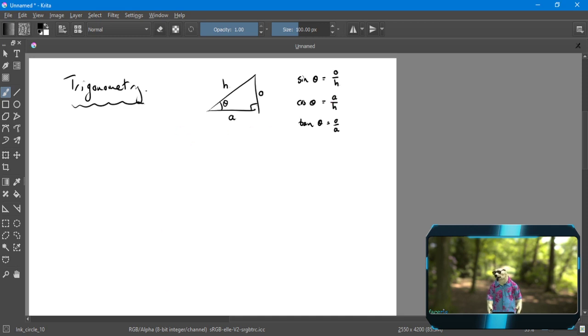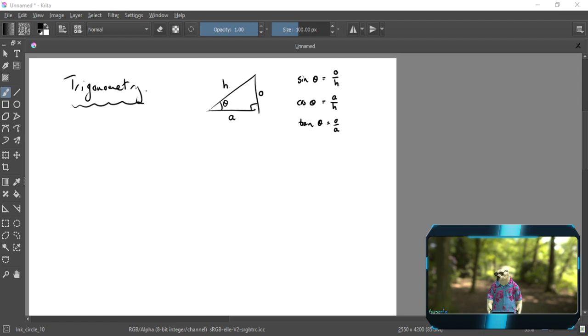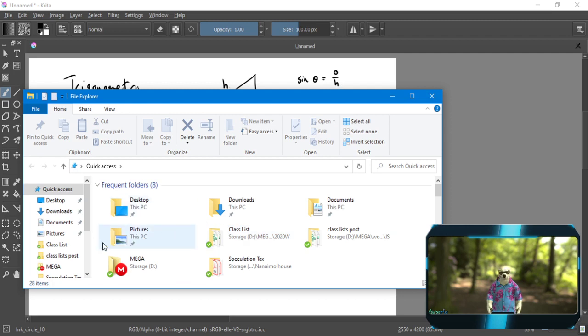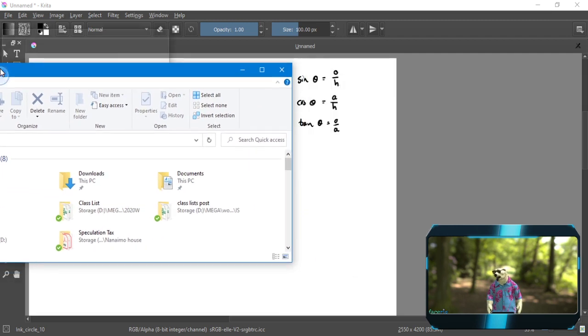I realized that I do not have our book open. Hold on. Just need to open the book here.